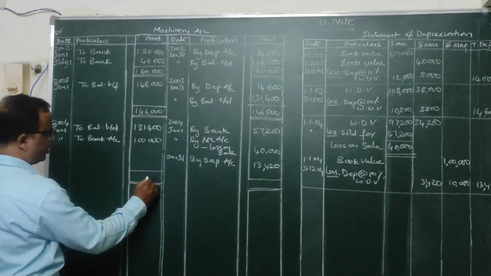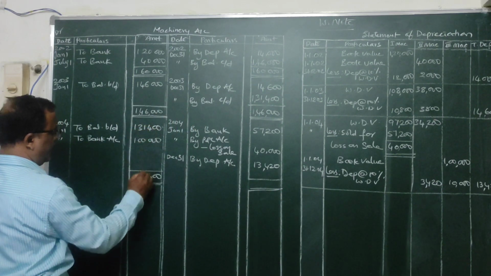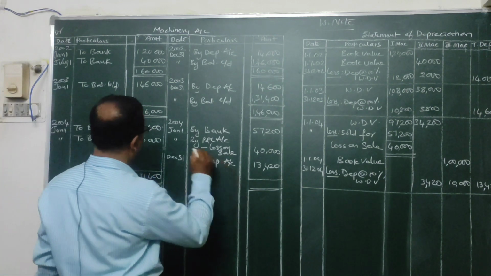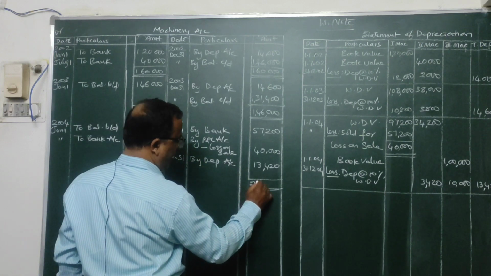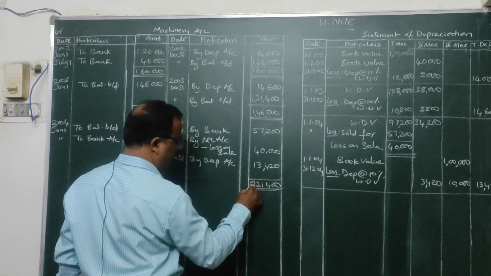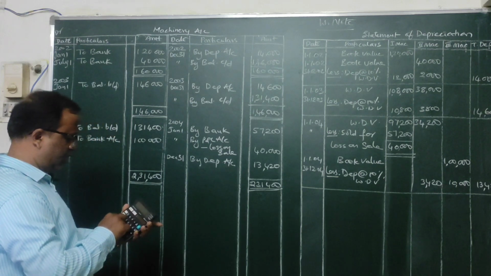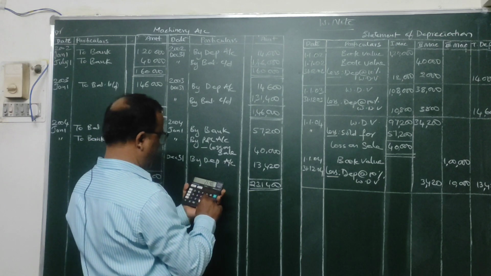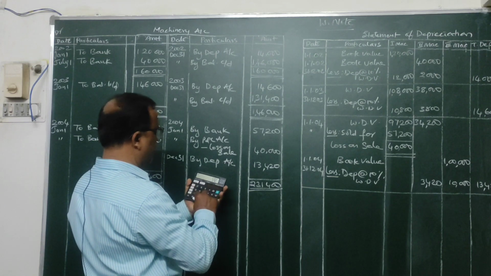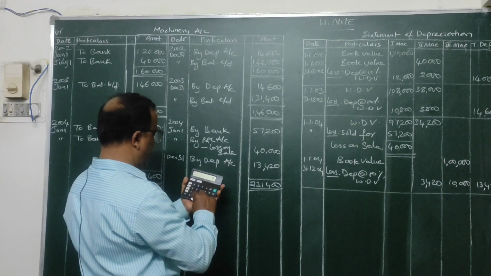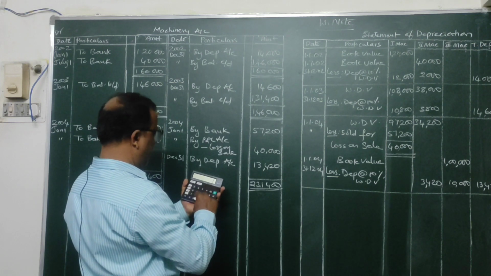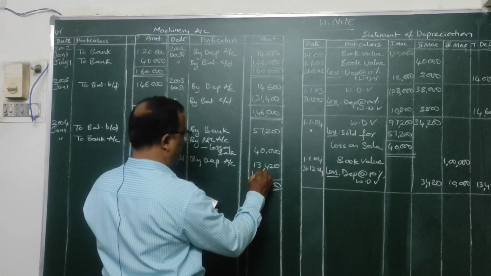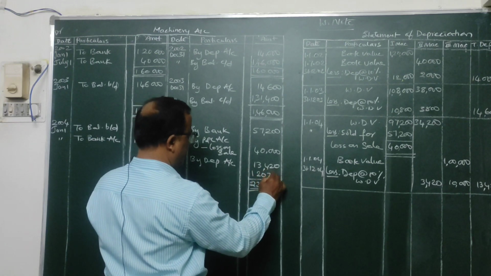Check it. The total of this will be 2,31,400. So from 2,31,400, if you subtract 57,200, minus 40,000, minus 13,420, it will be 1,20,780.